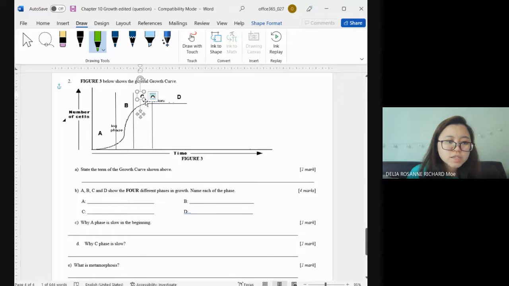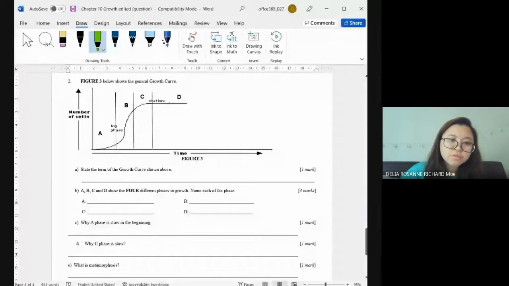Okay, my graph is a little bit less ugly. This graph should make sense now. I think you can see my not ugly graph. Okay.